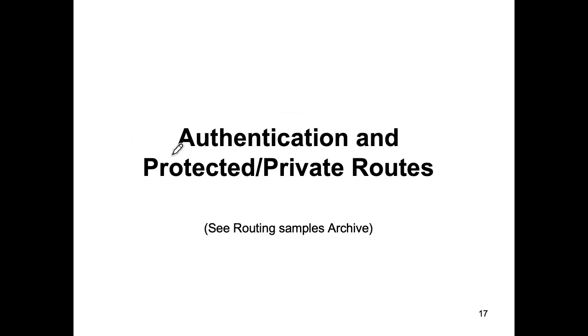So this is tying together both navigation and the provider pattern, the two topics that we've been discussing so far. By a protected route or a private route, what I really mean is there may be certain parts of your app that can only be accessed by the user if they have logged in. It's as simple as that. But how do we force users to log in in order to access particular pages?